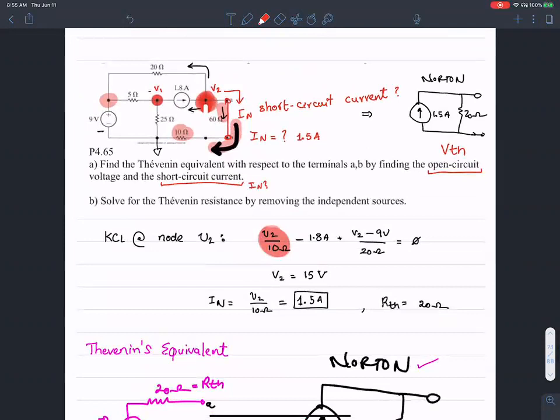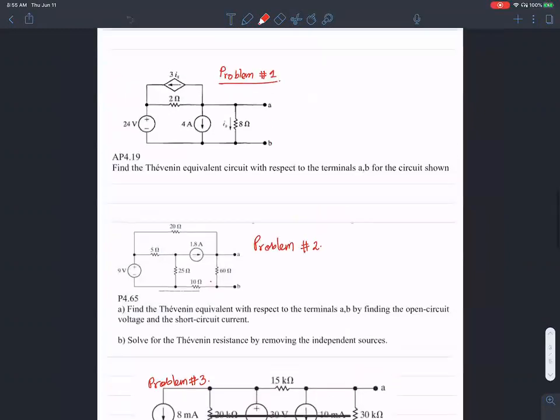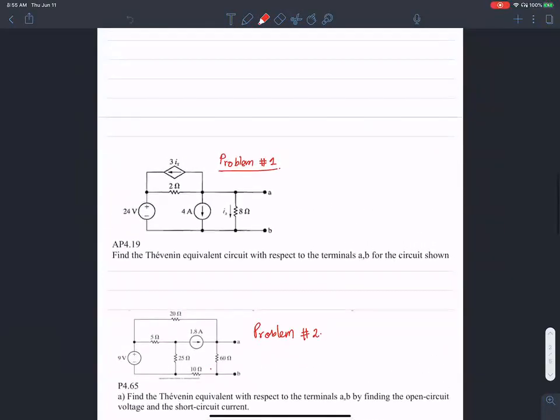Let's see if we can do another problem. This time we'll do a problem with a dependent current source. This is problem 2. Let me copy this.